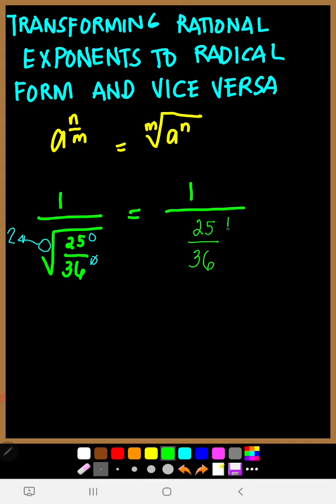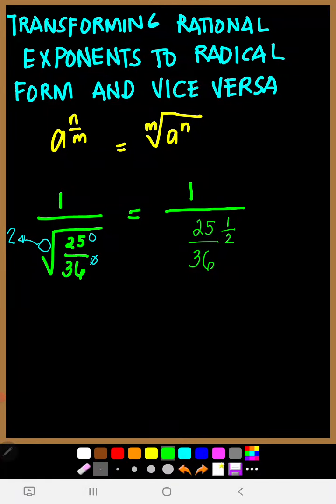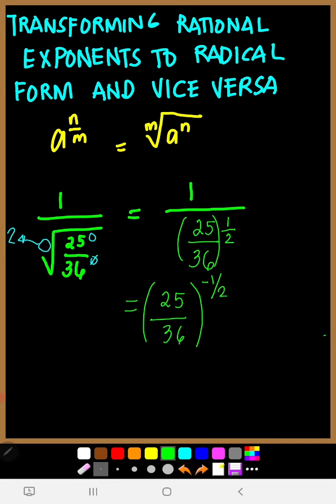And then our denominator will be the index, which is 2. So makikita nyo, naka-fraction siya, yung 1 over 25 over 36 raised to 1/2. Or this is equal to, if you remember yung last topic natin sa negative exponents, 25 over 36, sorry, dapat pala ito yung nakaparenthesis, raised to negative 1/2.